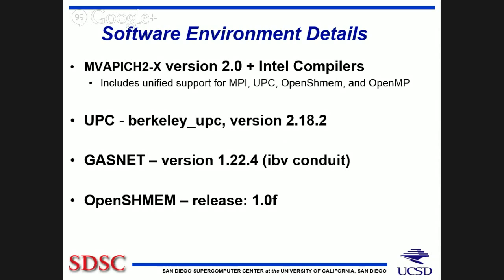I also have the Berkeley UPC 2.18.2 and the GASNet version 1.2.4 using the IBV conduit. And for OpenSHMEM, I use the release version from, I think, University of Houston.